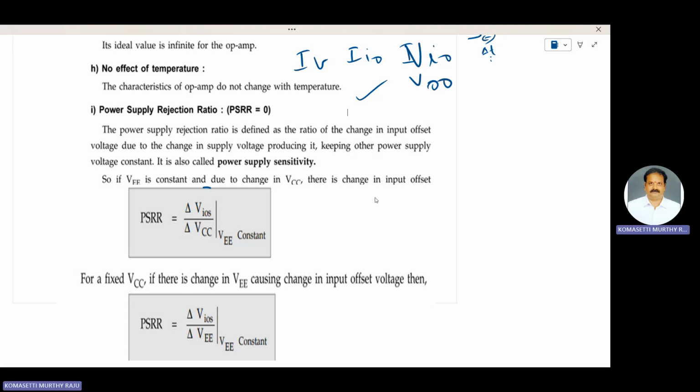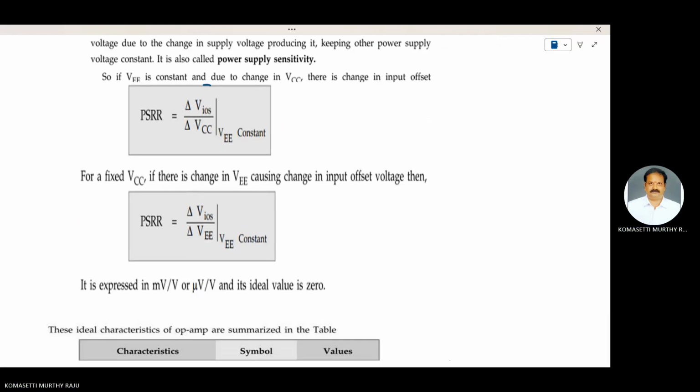VIO changes with respect to VEE, VCC is constant. Both are in voltage terms, that is, the unit is millivolts per volt or microvolts per volt. Ideally, its value is 0.